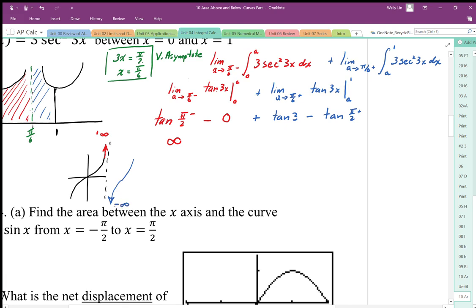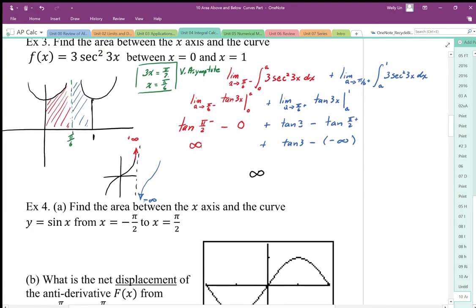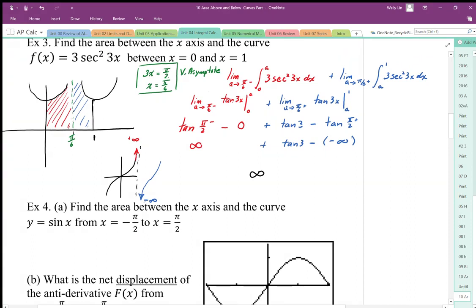So in this case, I get tan 3 minus negative infinity, which means that the unbounded region in blue is positive infinity, or infinite. So when we put these two areas together, the net area that we end up with is infinity. The area above the curve is going to be infinite because these are unbounded areas.